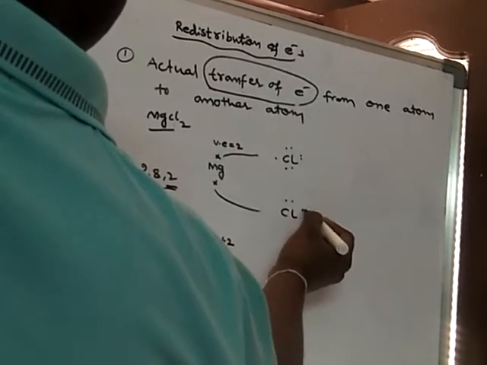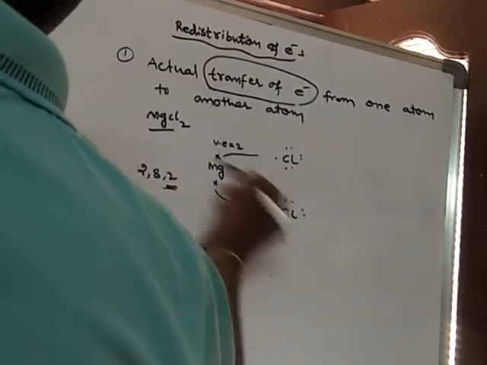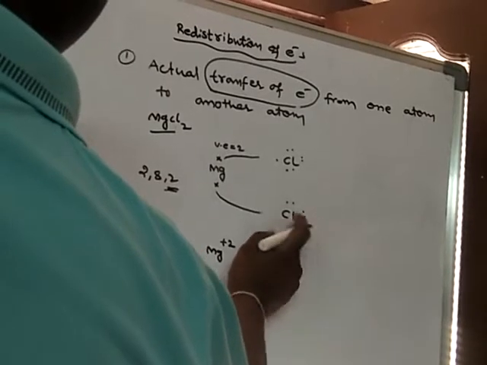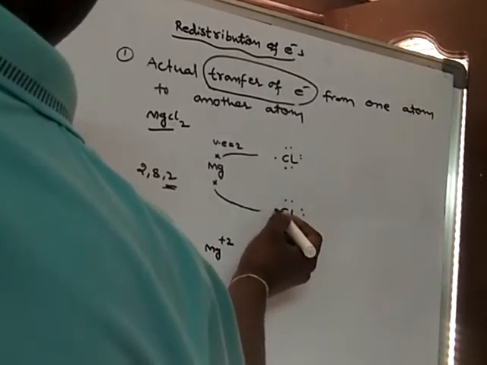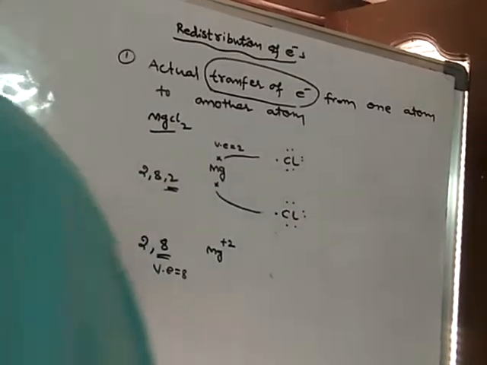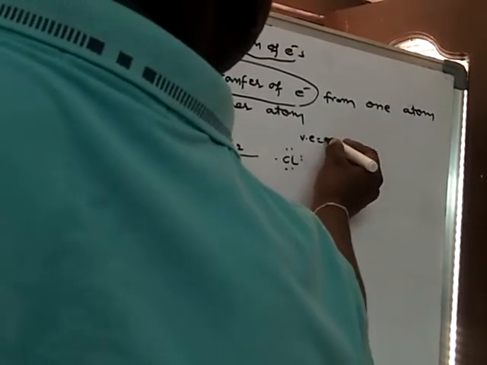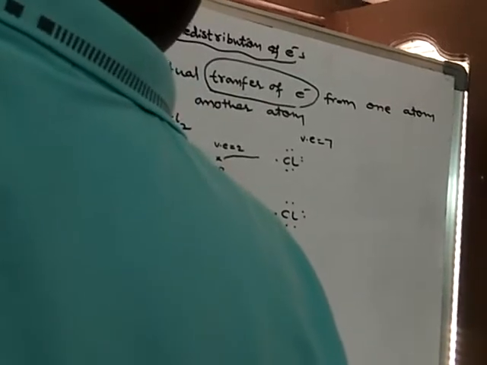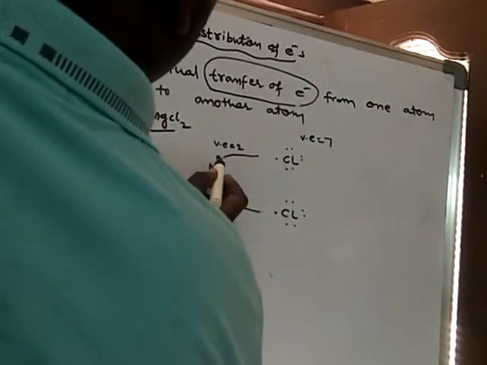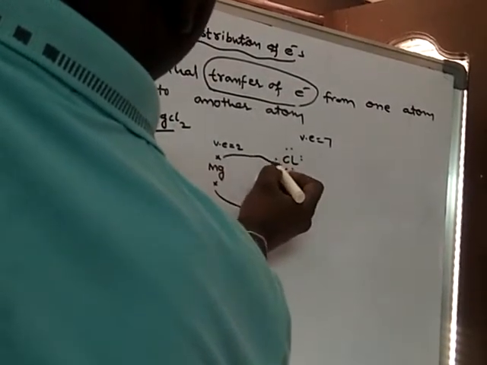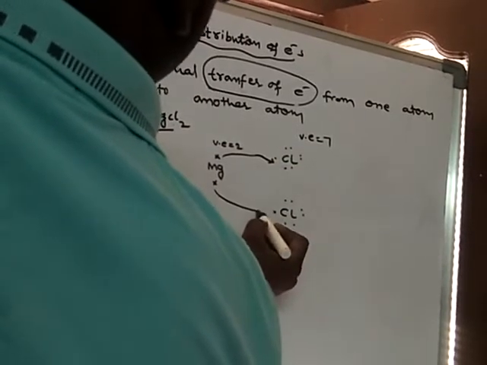Hence, there are 2 chlorine atoms in its formula, so I'll take 2 chlorine atoms with 7 electrons on each. Valence electrons is equal to 7 on a chlorine atom. So this magnesium will lose its electron completely to this chlorine, and this electron completely to this chlorine.